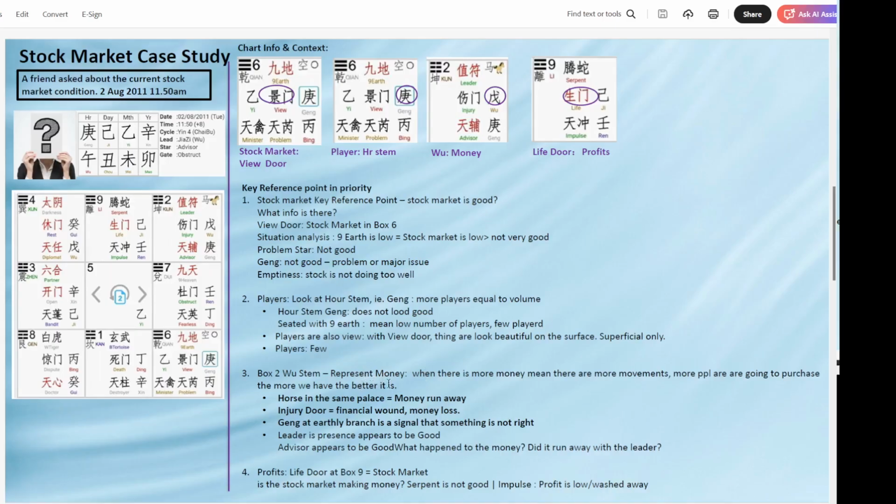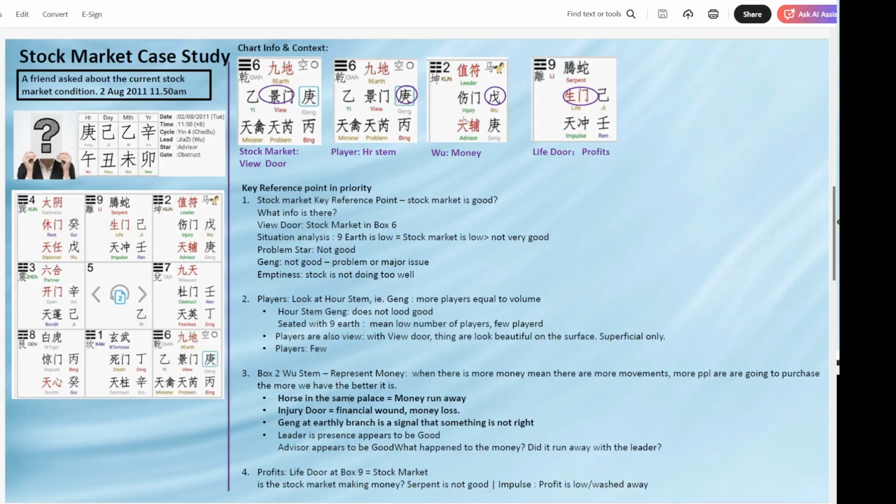So the better it is, the better the market is. But in this situation, in box two, we see that there is a horse in the palace. Box two, there is a horse, and horse would mean the money has run away.